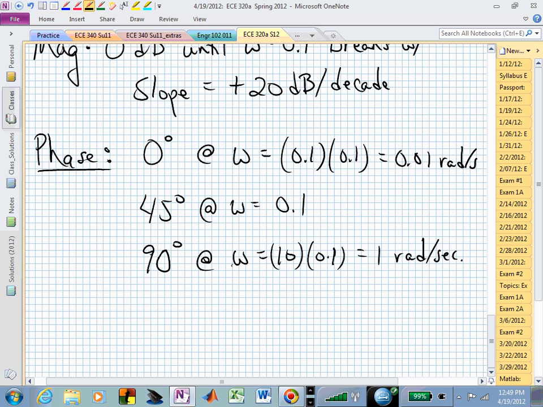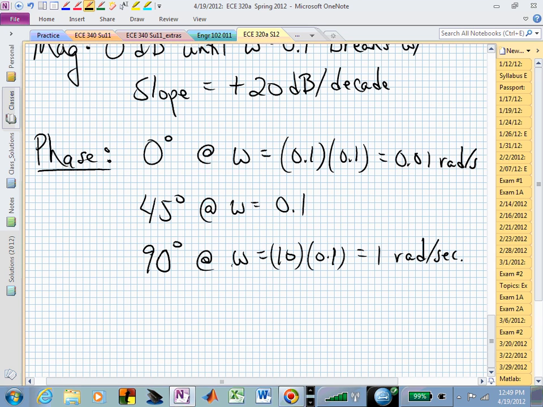And really all I'm doing now is connecting those 3 points. This transition from 0 degrees to 90 degrees occurs over a 2-decade span, and that 2-decade span is centered on the break frequency. Prior to that 2-decade span, it's 0, and beyond that, it's plus or minus 90, depending on whether it's a zero or a pole.